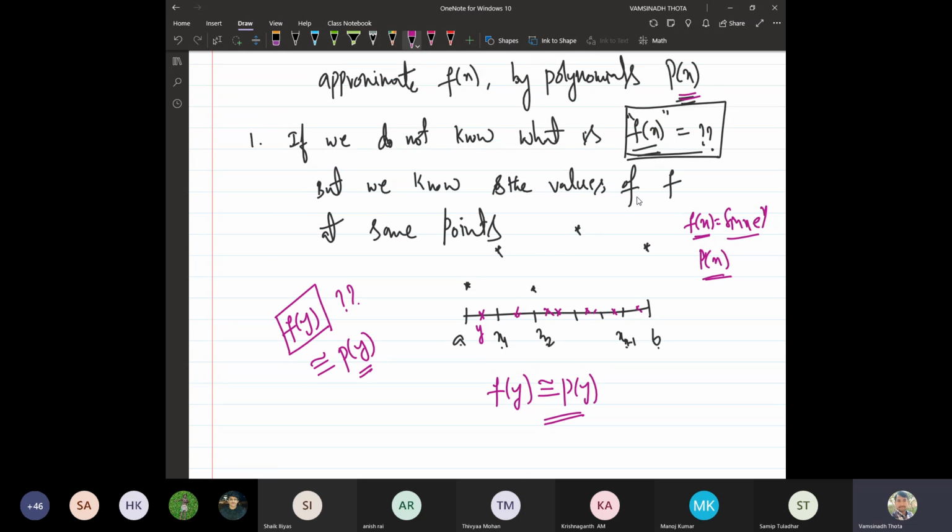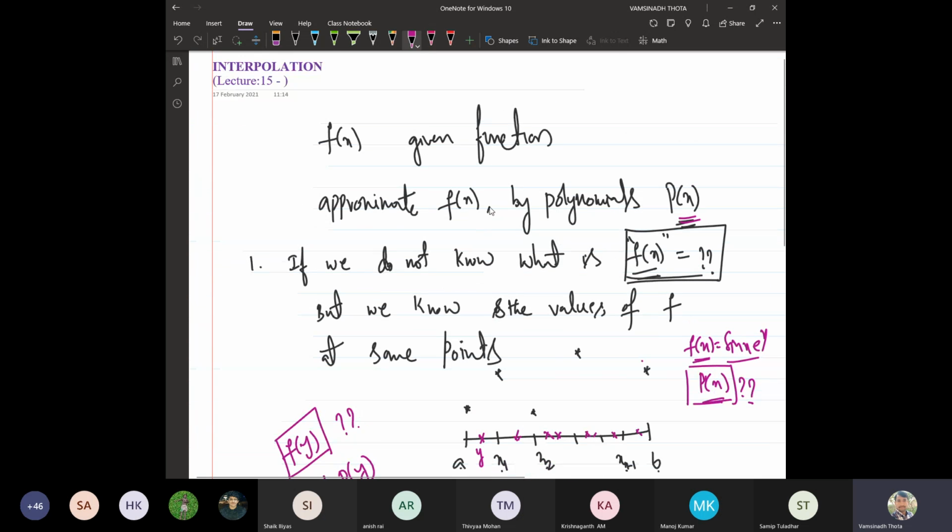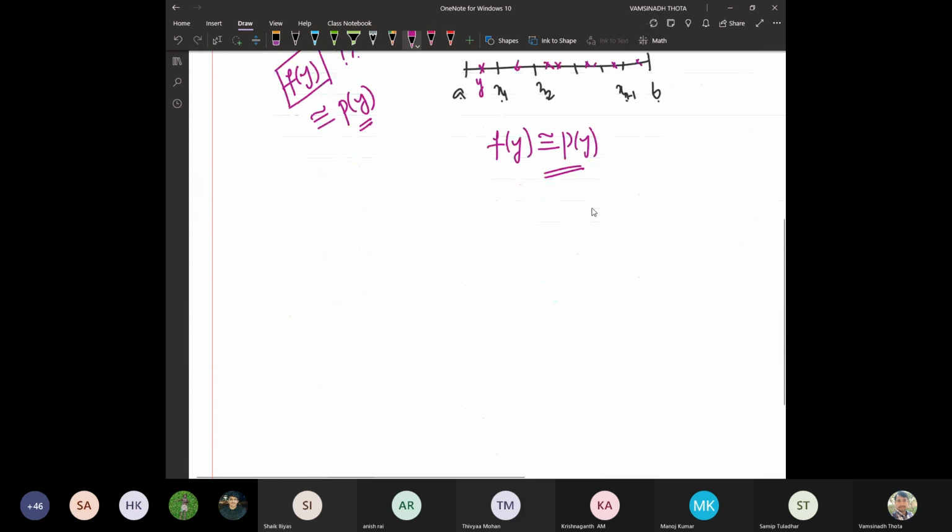Now, how to choose this polynomial? That is the question. That construction we will see a little later. Let us first understand what we are going to do in this unit. So this is the first use of these approximating polynomials.